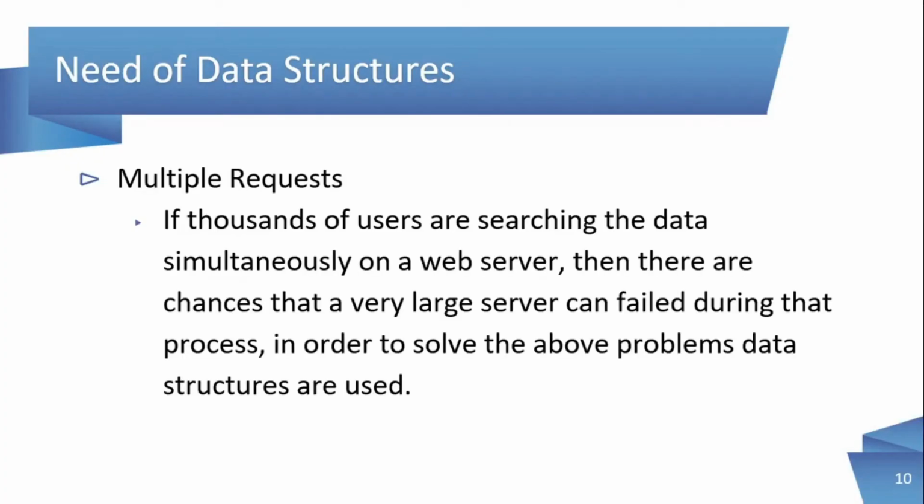Multiple requests. If thousands of users are searching the data simultaneously on a web server, then there are chances that even a very large server can fail during that process. In order to solve the above problems, data structures are used.